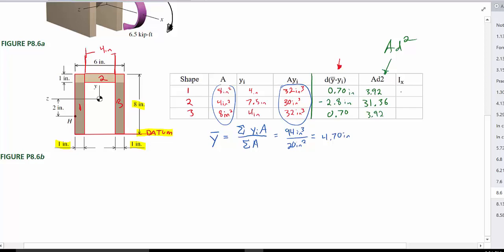And then we'll find our moments of inertia. If you remember our moment of inertia formula, it's base times height cubed divided by 12.